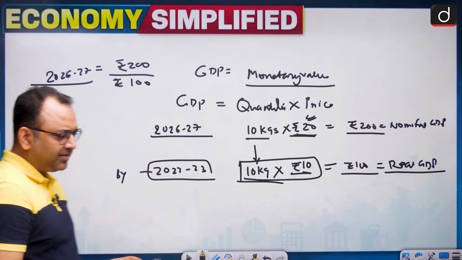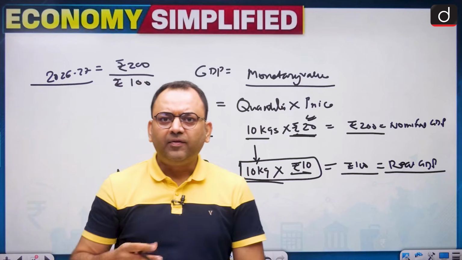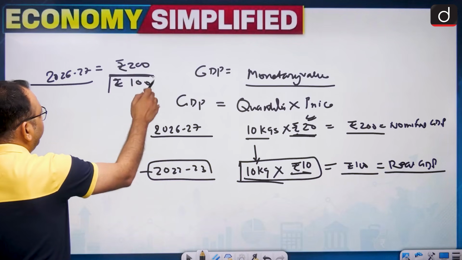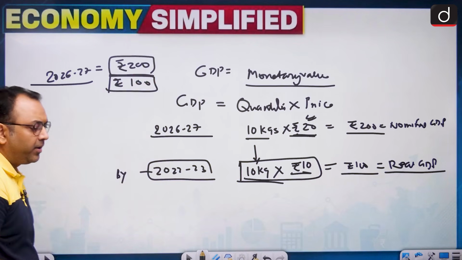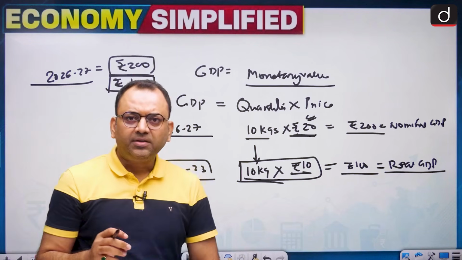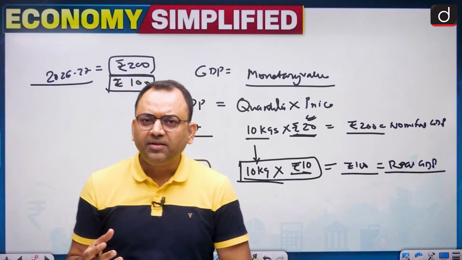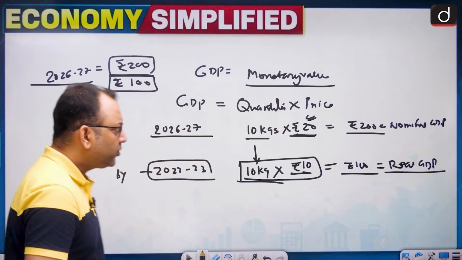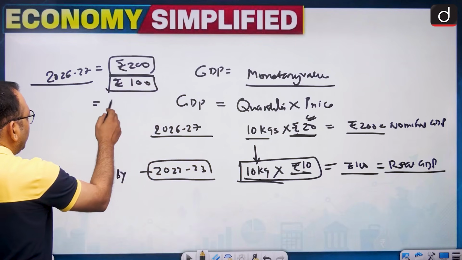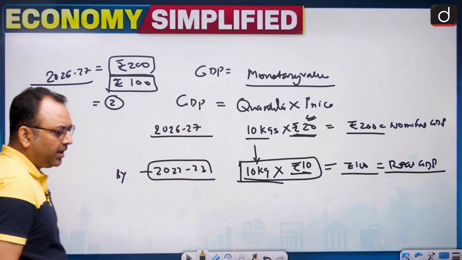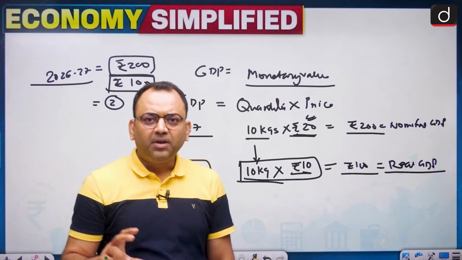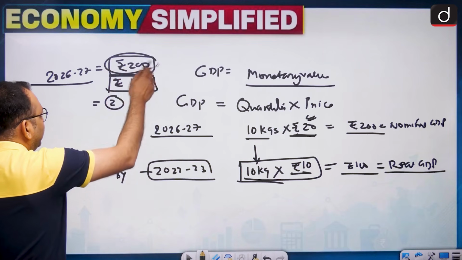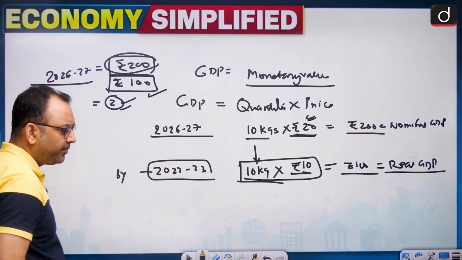Can I say that the GDP looks inflated? GDP should have been 100, it is showing as 200. So this is the GDP which is looking to be inflated. This ratio, say 2, tells me the GDP which has been inflated. So suppose I reduce this GDP by this ratio, I get the real GDP.